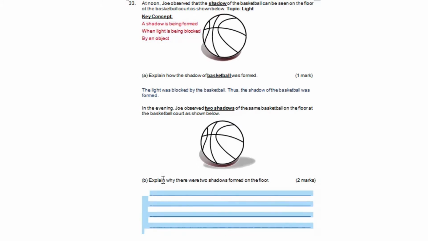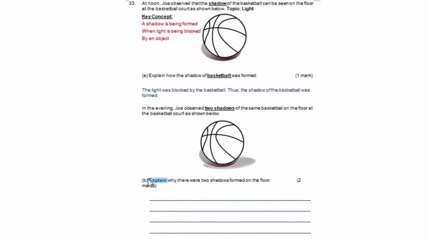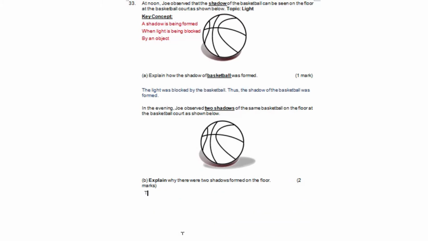So now the word here is explain. So you need to explain why. Okay, so first, you tell me how are these two shadows being formed? So you say two shadows are being formed because two sources of light, or some of you say that there is one source of light being blocked and another source of light is being blocked. Yeah, it's okay. So two sources of light were blocked by the basketball.